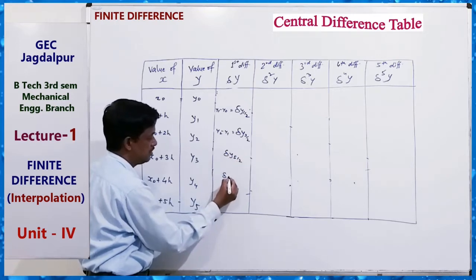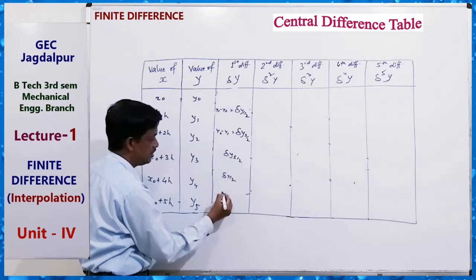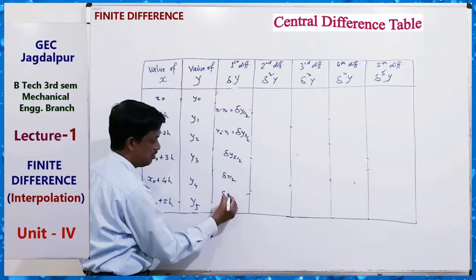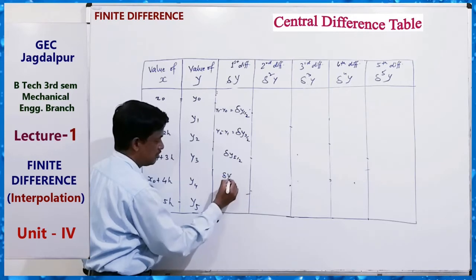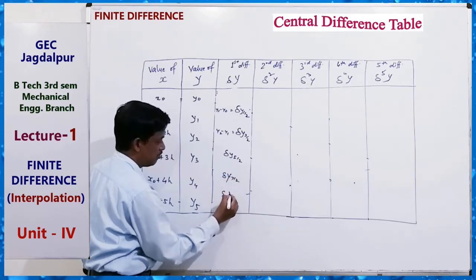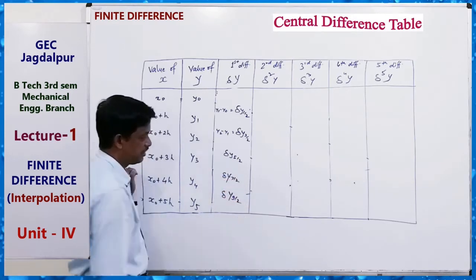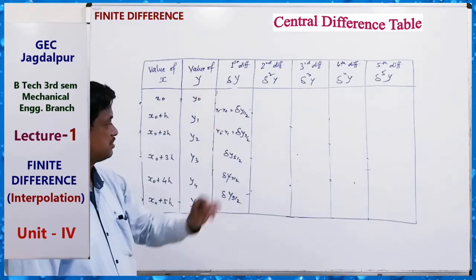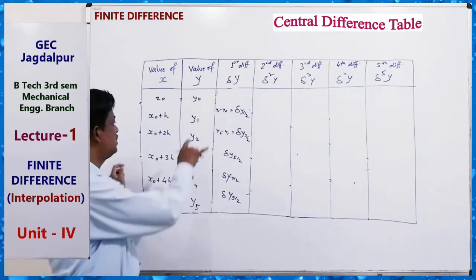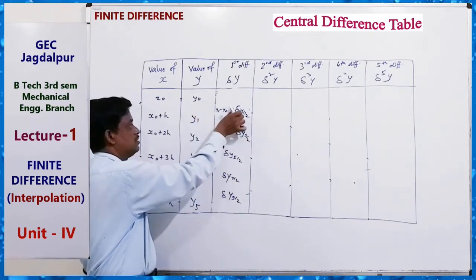So here y3 minus y2 means also delta y 5 by 2. Here delta y 7 by 2. Here delta y 9 by 2. Sorry, this is not; it is y 7 by 2 and y 9 by 2. Half index, first order difference, because this minus this.